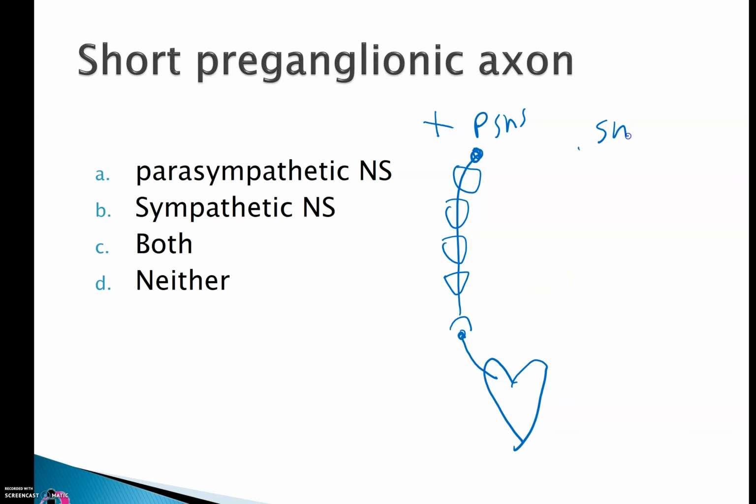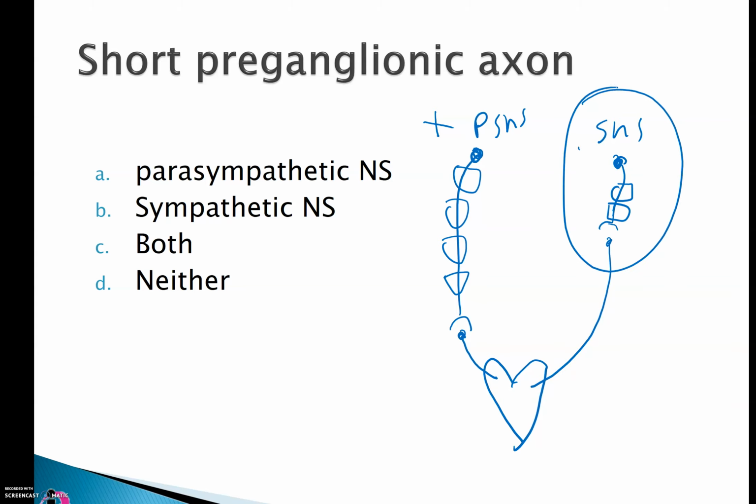Then we have our SNS. We have our axon going a very short distance to the spinal cord. And we have our postganglionic axon going to the heart. So which one has a short preganglionic axon? Well, it must be the sympathetic nervous system because the ganglia is near the spine.